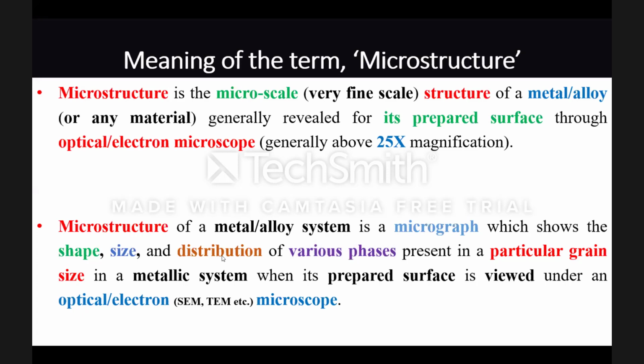Are there only 4 grains? Are there 40,000 grains per unit space? So grain size is another very important constituent which makes up the microstructure of a material system. Both these constituents would be seen in the examples that I'll try to illustrate in front of you in just a while. Okay.